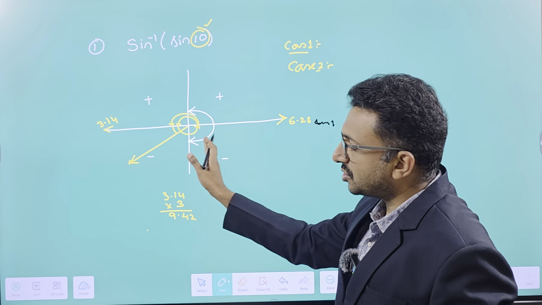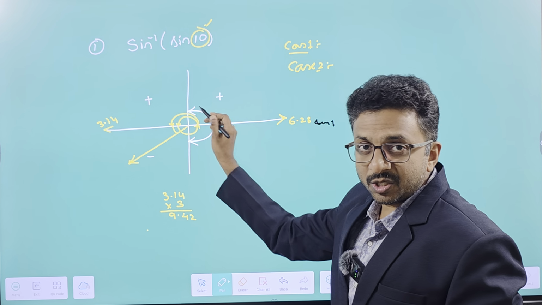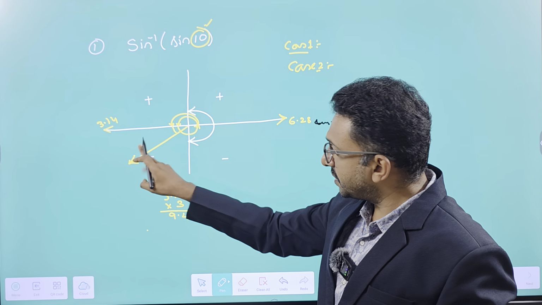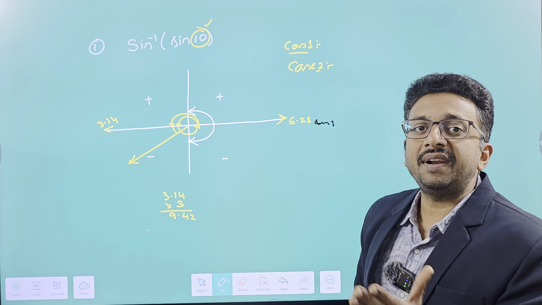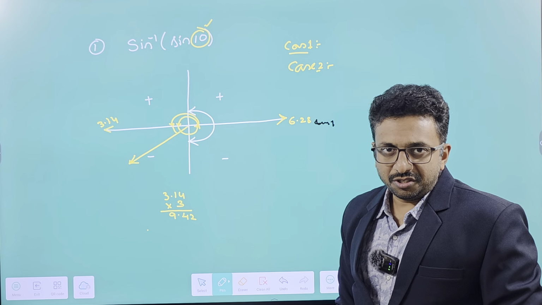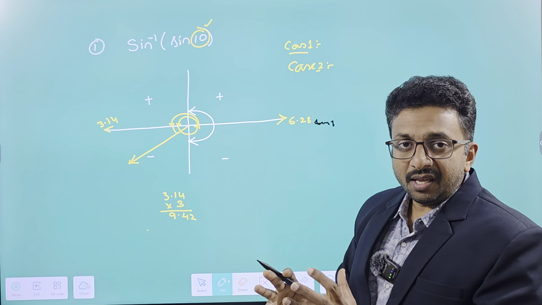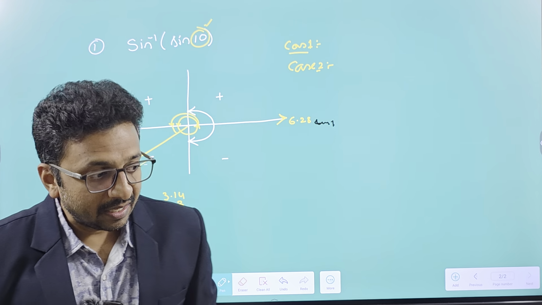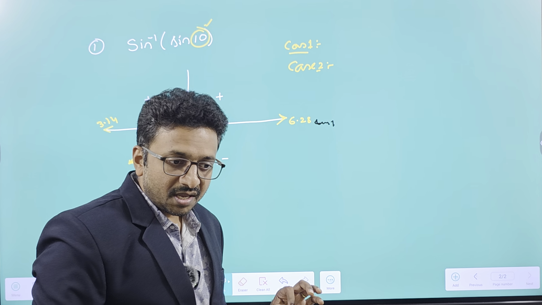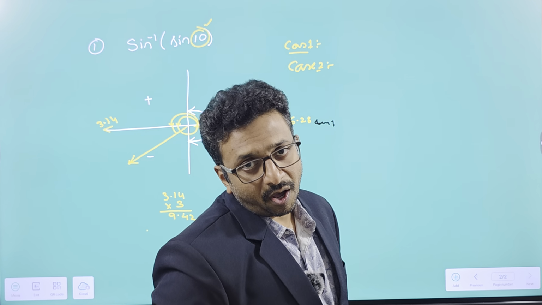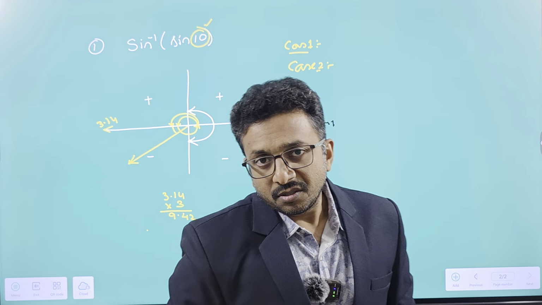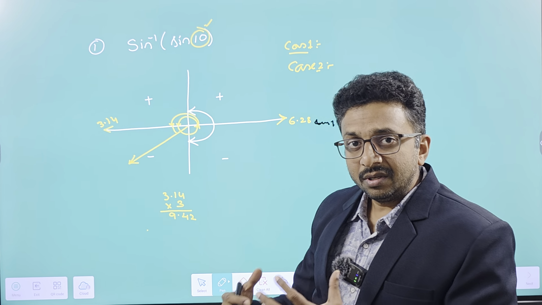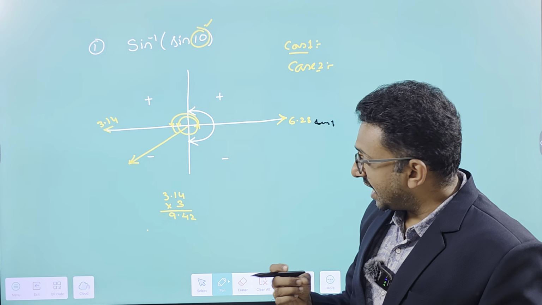That means the ray has stopped outside the quadrants corresponding to the range. Now if the ray stops outside the range, you have to reflect it into the range. So the reflection can be done in 3 ways. The ray can be reflected about x-axis, about y-axis, or about origin.